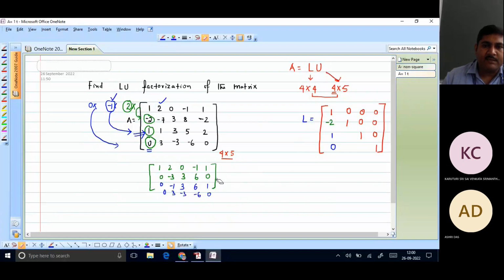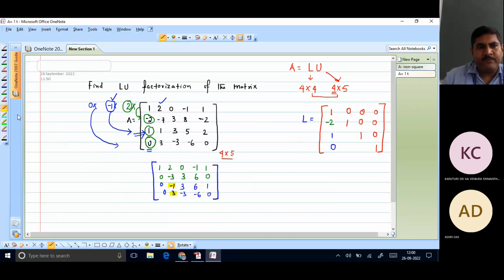Next target is to make the element in the second column which is below -3 as 0. So I want to make this element as well as this element as 0. So what should be our multiplier? That is the question.